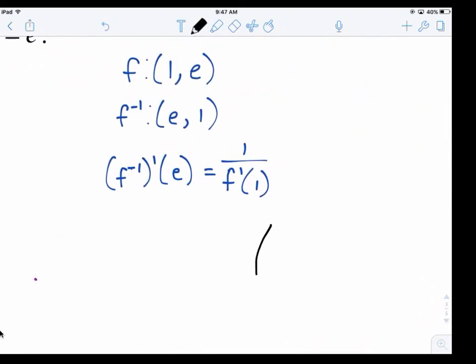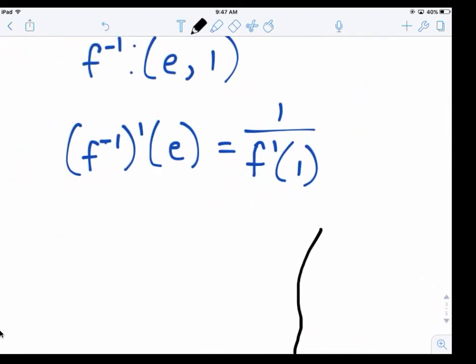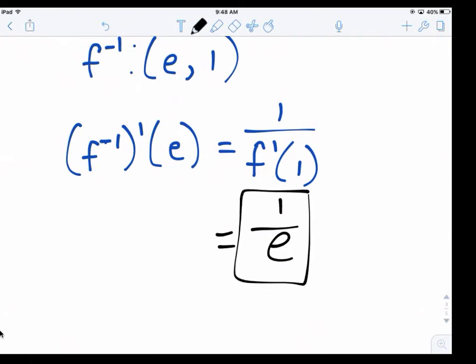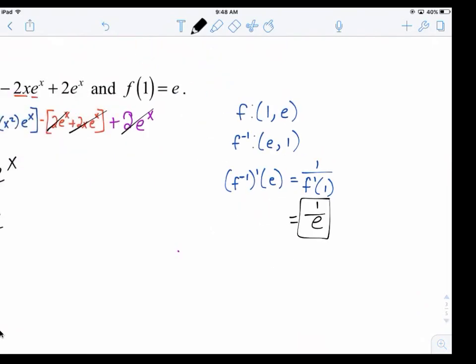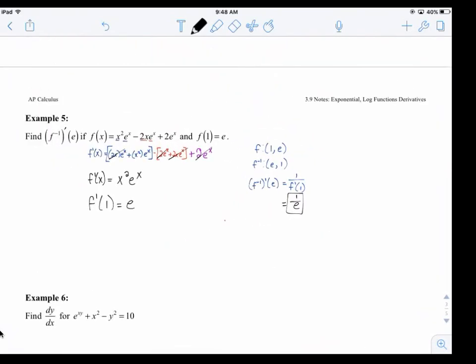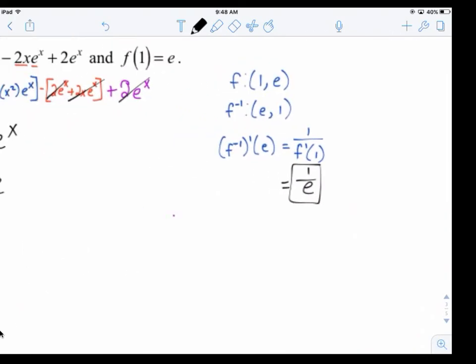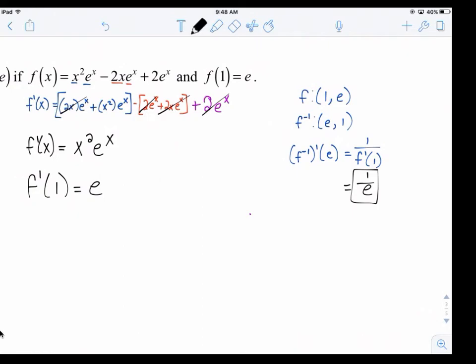So, answering our question now, the derivative of the inverse at e is just 1 over e.